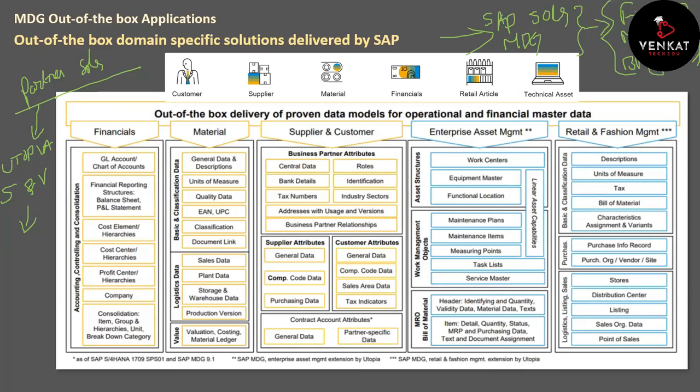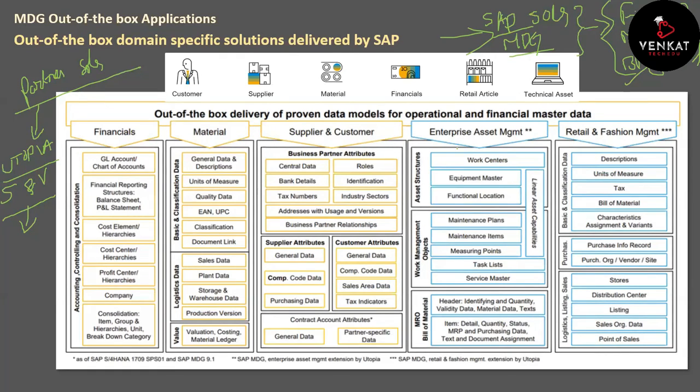An additional license is required for purchasing the partners' solutions. It's not like when you purchase the SAP MDG software component license, you immediately get the partners' solutions automatically. With the software component, you will get only these solutions.